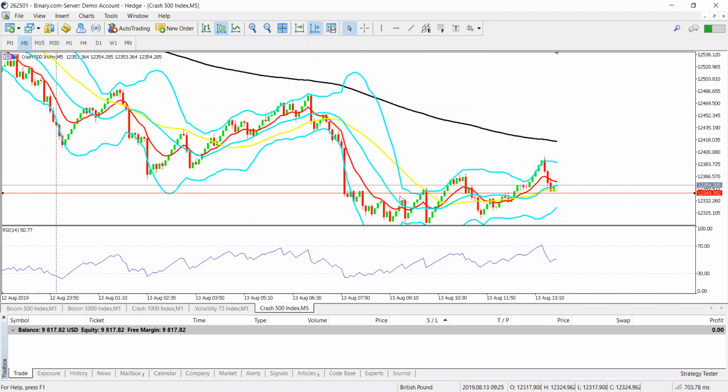Let's look at it. This is a 5-minute time frame. So if you've got a much better amount of money, go on your charts and look at your moving averages. Even the moving average 10, you can use it. It's more sensitive.